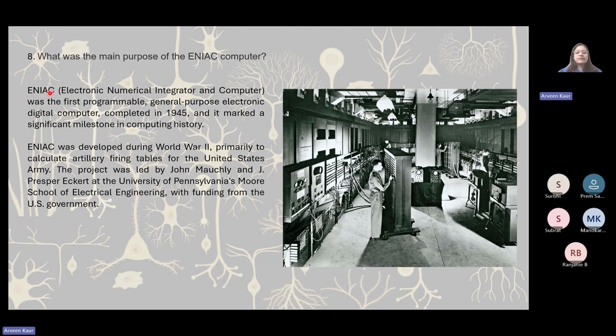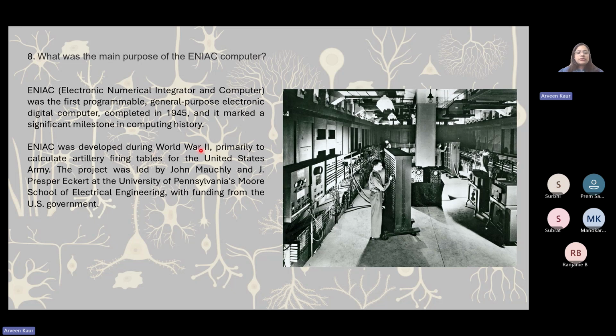ENIAC, when we expand it, is Electronic Numerical Integrator and Computer, right? So you can see that whatever it can do is in the name itself, right? It was the first programmable general purpose electronic digital computer, which was completed in 1945, at the time of World War II. And it marked a significant milestone in computing history.